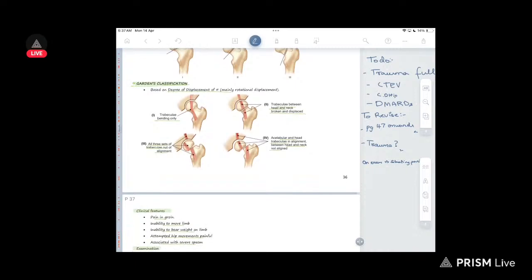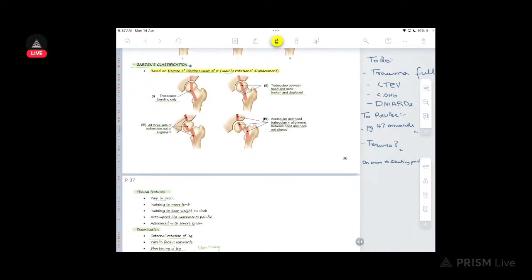Then you have Garden's classification, which is based on the degree of displacement of the fracture, mainly rotational displacement. If only the trabeculae are bending, it is type 1. If there is trabecular bending between the head and neck and the neck is broken and displaced, then it is type 2. If all three trabeculae are out of alignment, then it's type 3.